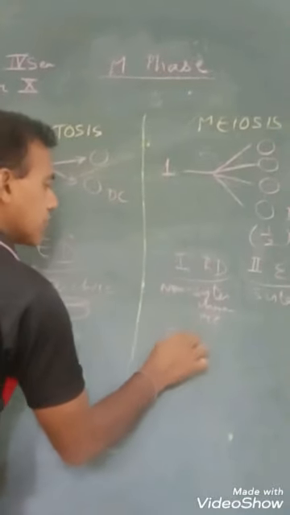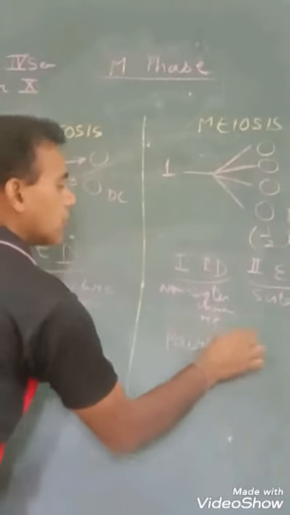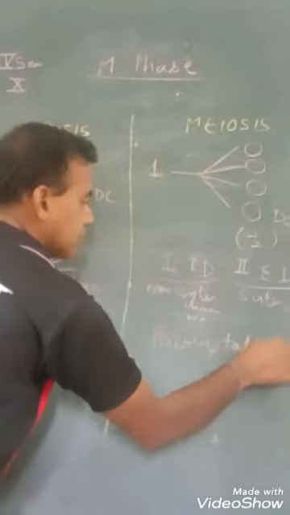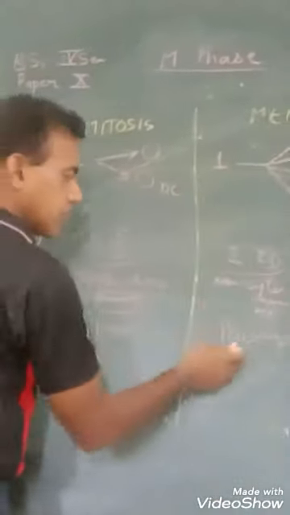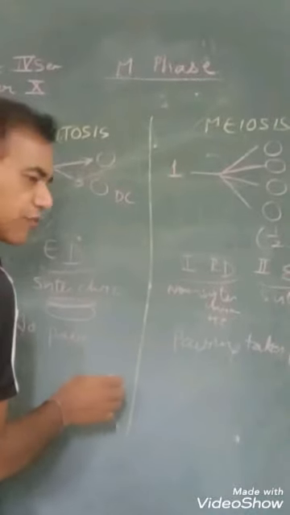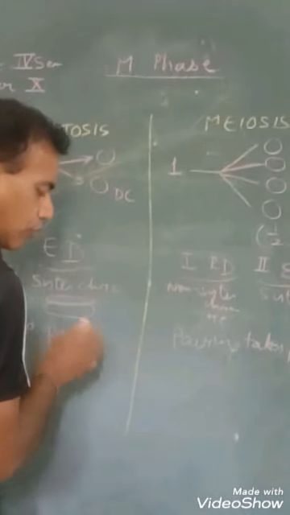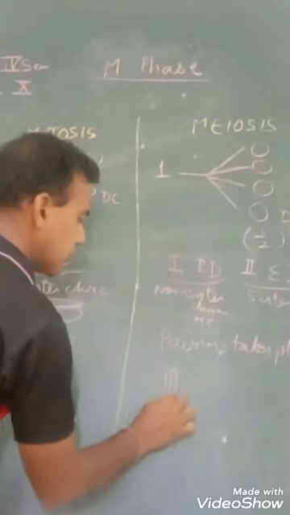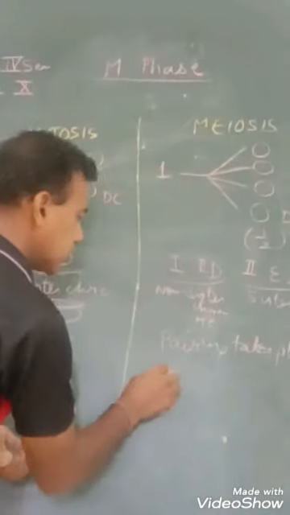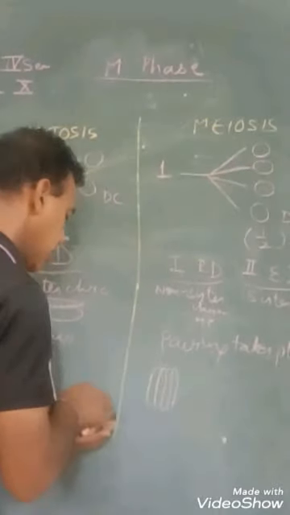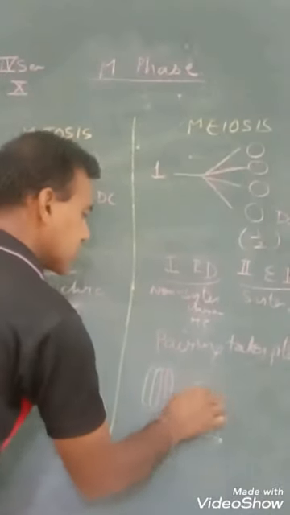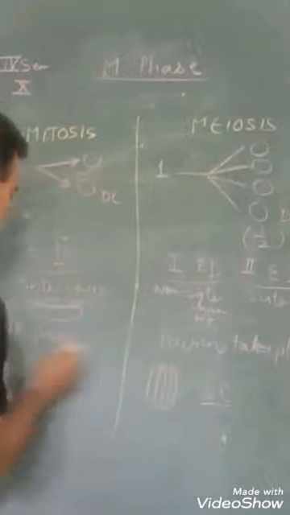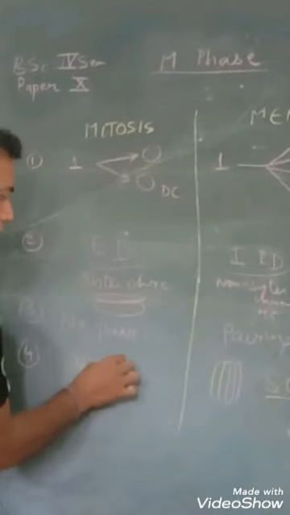But in meiosis, pairing takes place. In meiosis, a very special structure is formed when the homologous chromosomes are making a bivalent, and this structure is known as synaptonemal complex, which is not observed in mitosis.